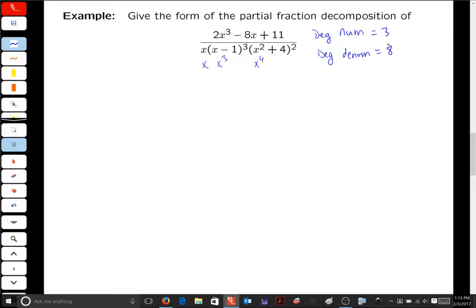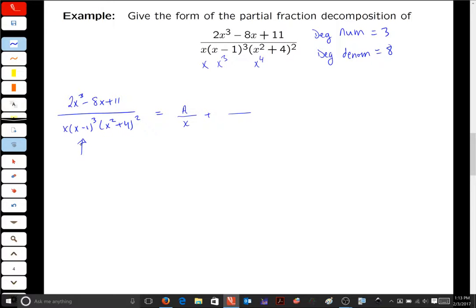So now I just break it down into the forms. When I do that, I write the entire original fraction. And now I have to have something over the linear term x. I'm going to call it an a. And then I have to have something over the linear term x minus 1.